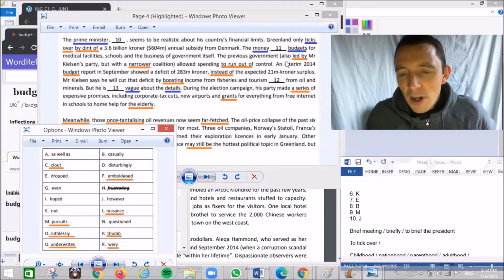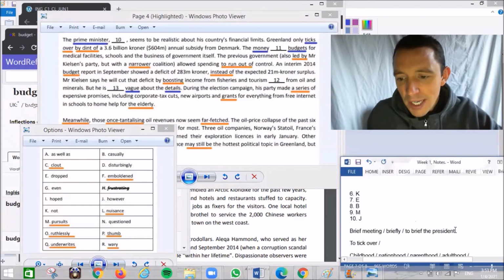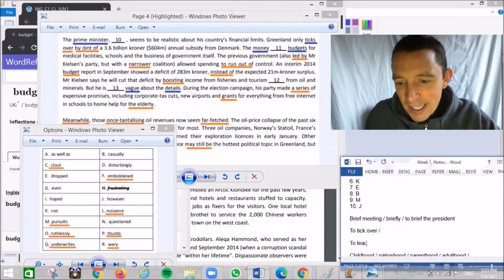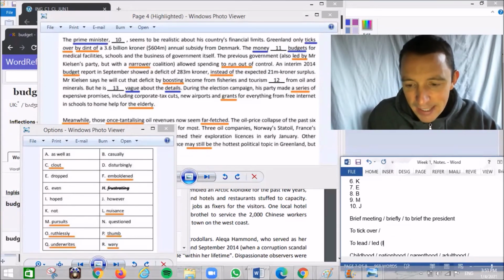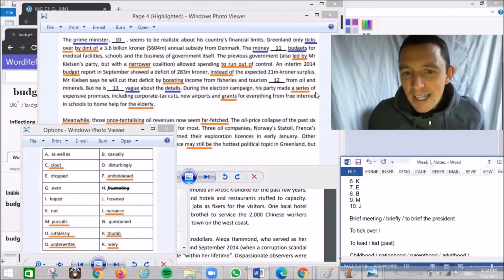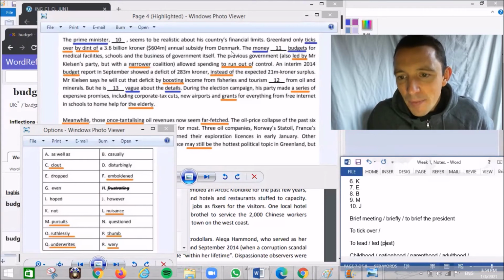The previous government also led by, so the verb is to lead, and it's like liderar, and the past is led. Okay, so it's related to liderar, and led by is the past, led by Mr. Kielsen's party, but with a narrower, narrow is estrecho, so más estrecho, coalition, allowing spending to run out of, is como perder, to lose, run out of time, run out of food, run out of energy, run out of control, perder, okay?